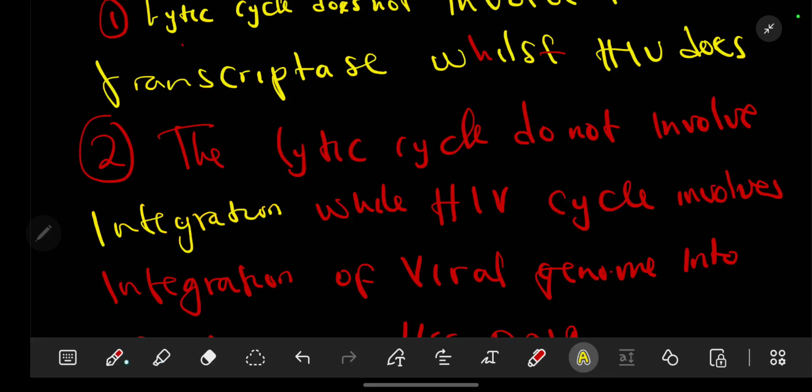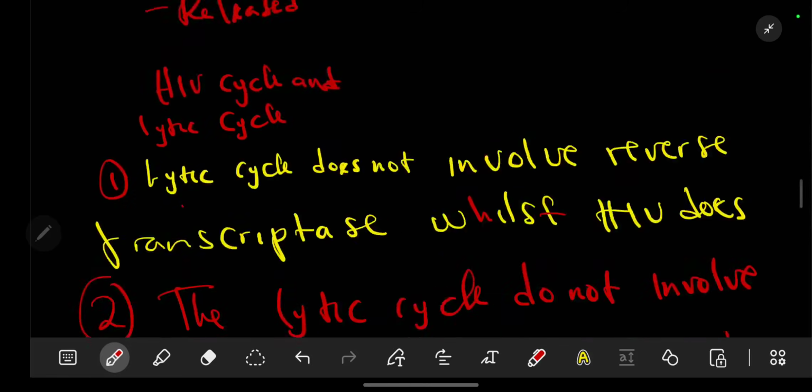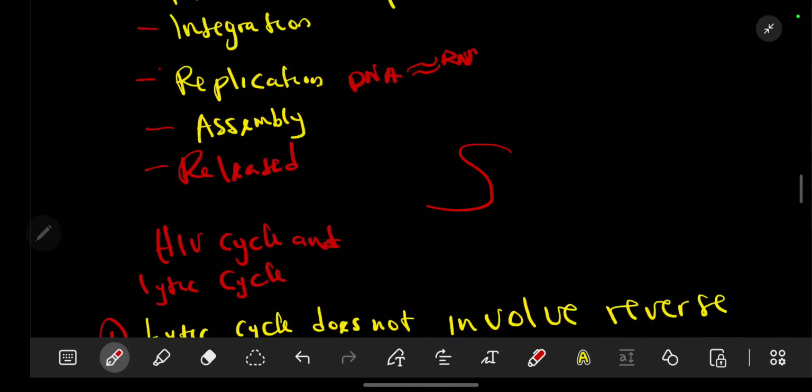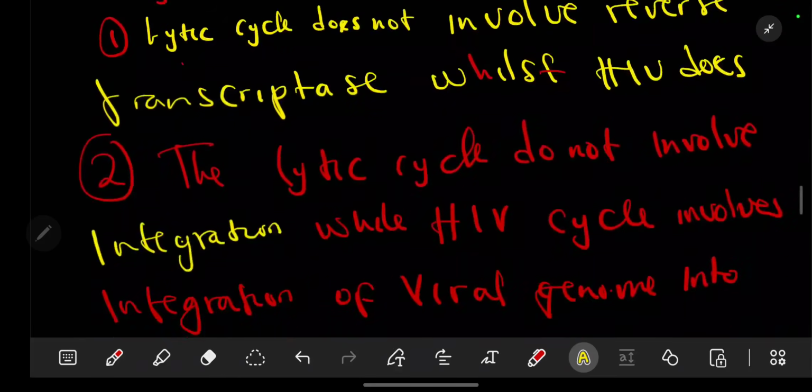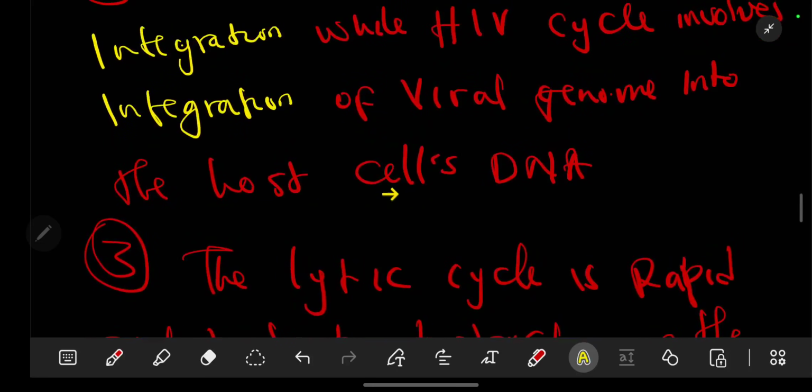Under the lytic cycle, the DNA does not implant itself in the host DNA. That is what we mean by the lytic cycle does not involve integration, while the HIV cycle involves integration of the viral genome into the host cell's DNA.